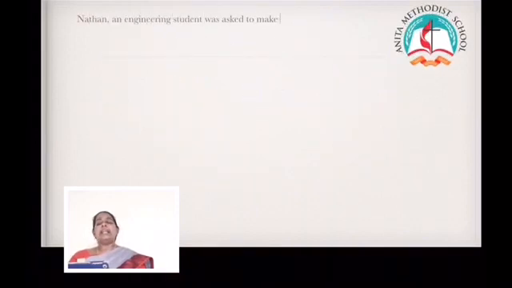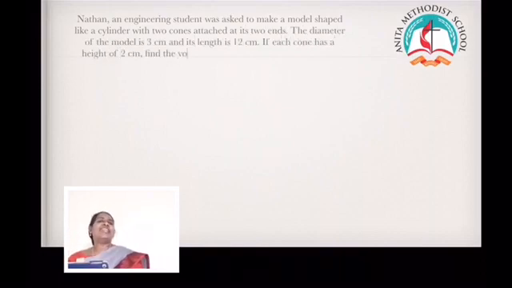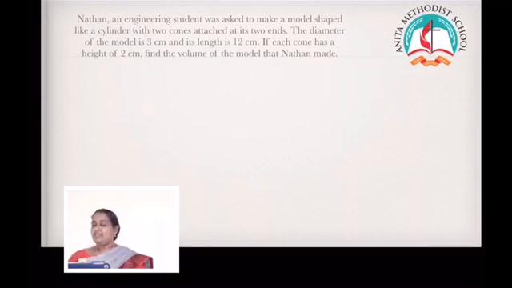Okay, children, the next problem. Who would like to read the next problem? Who is ready to read the next problem? Anyone? Shall I start reading first? Nathan, an engineering student, was asked to make a model shaped like a cylinder with 2 cones attached at its 2 ends. The diameter of the model is 3 cm.